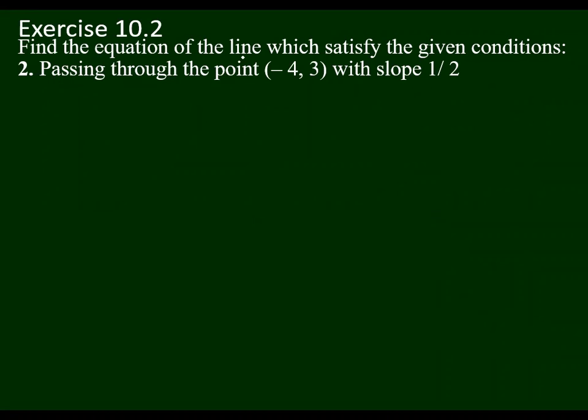Find the equation of the line passing through the point (-4, 3) and slope is half. So m is half and the point P (x1, y1) is (-4, 3).